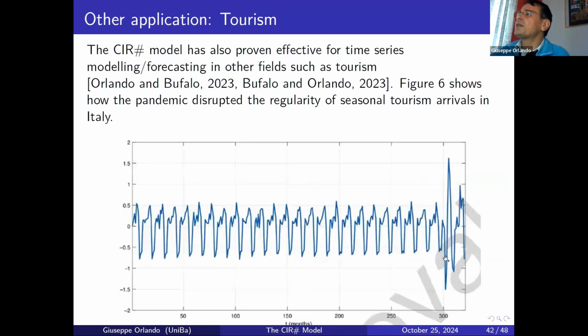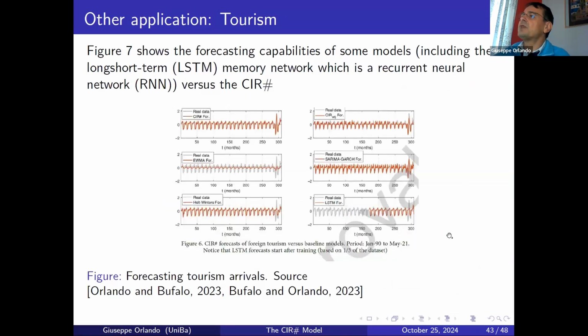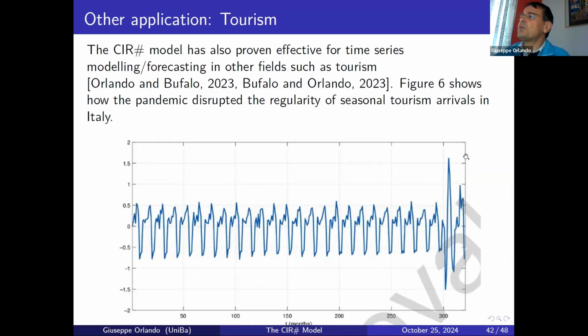We can find an application of this model to tourism. As you can see, for tourism, we have regular seasonal time series, but because of COVID, you have this spike. And then, well, all models devised for tourism fail here.